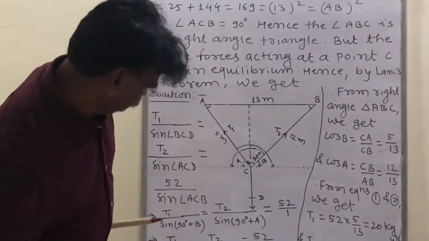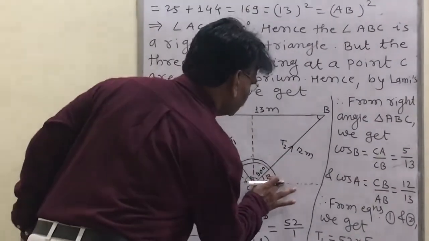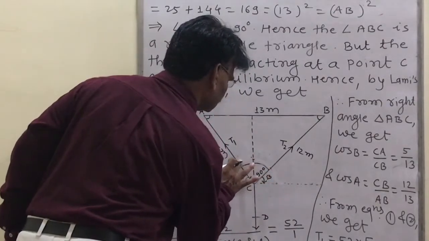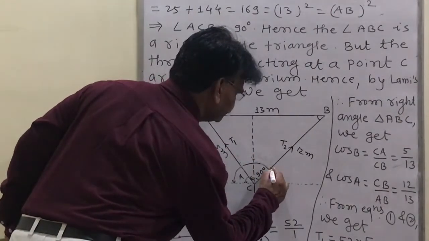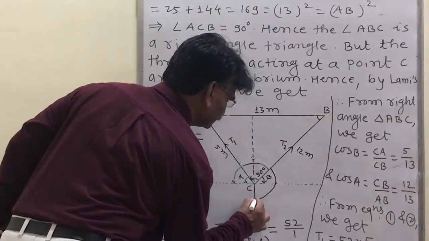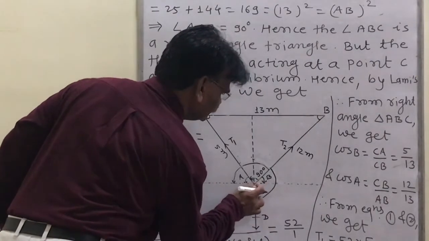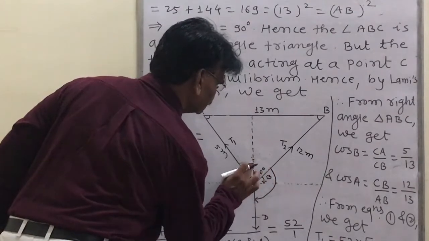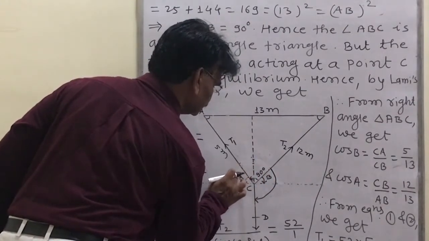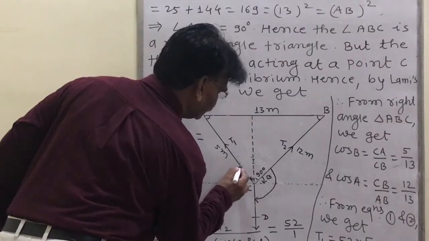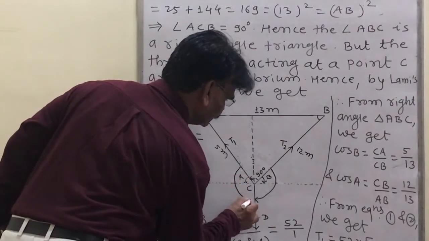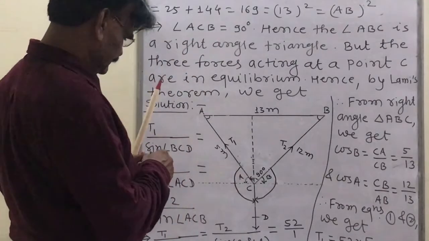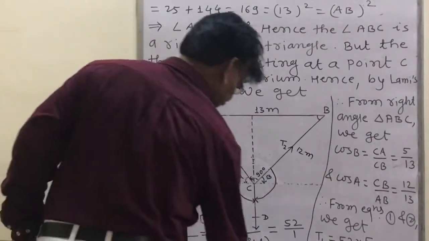So this B plus this is 90 plus B. And this is A plus AC.